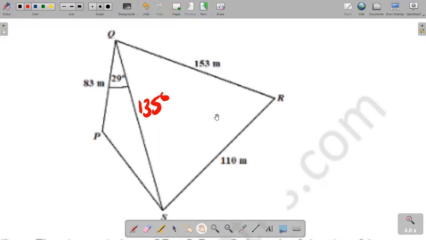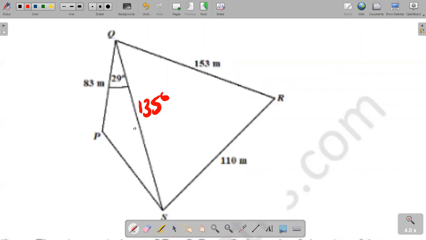If you don't know, tell me you don't know, because we almost finished this question. Perimeter means you have to find the total length of all the outside sides. So you have to add up all the sides. Everybody with me?